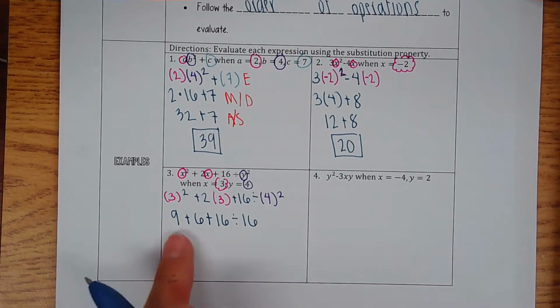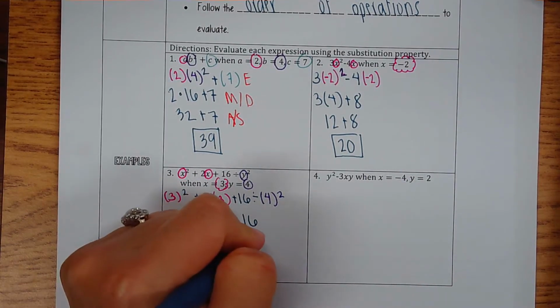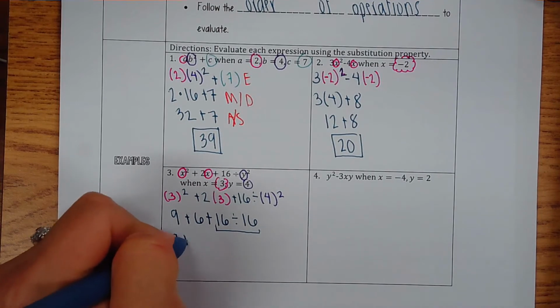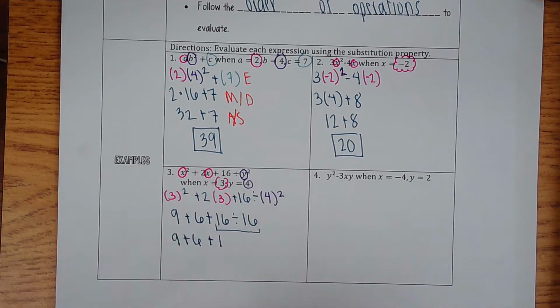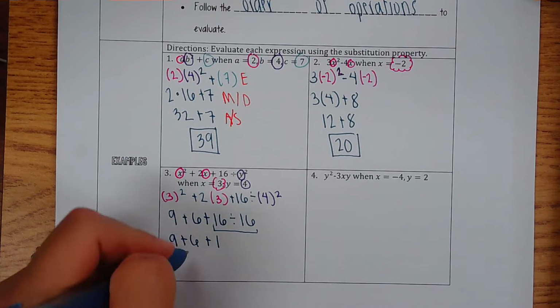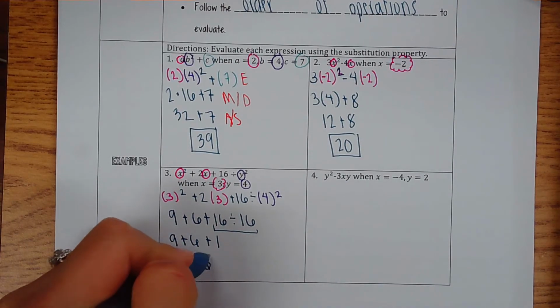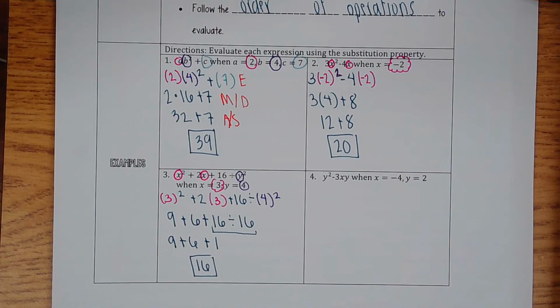All right, I'm going to look at this again and refer to my order of operations. 16 divided by 16 would be what I would focus on next, this portion. So 9 plus 6 plus 1. I would combine all of those, and I would get 9 plus 6, which is 15, plus 1, which would give me 16 as my answer.